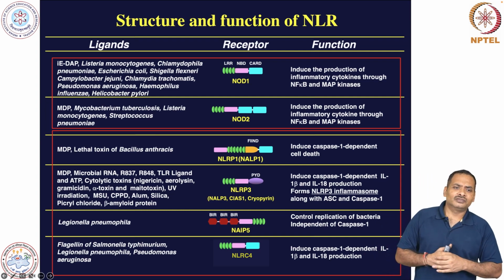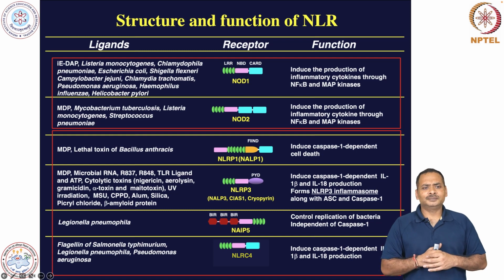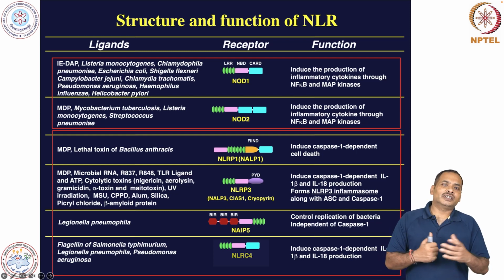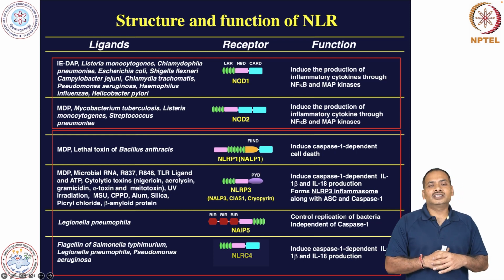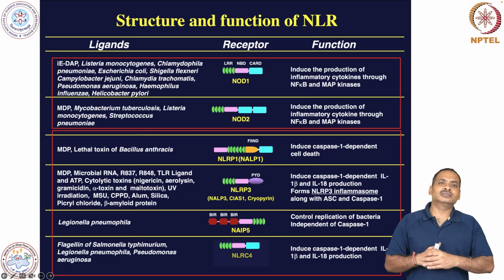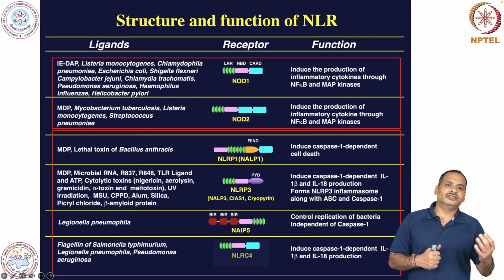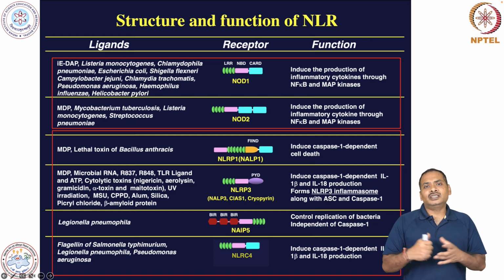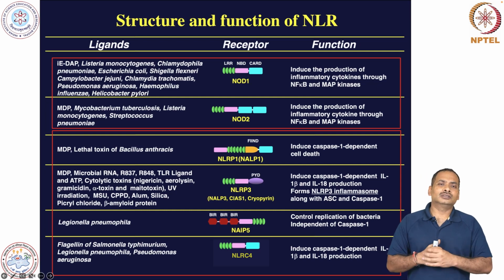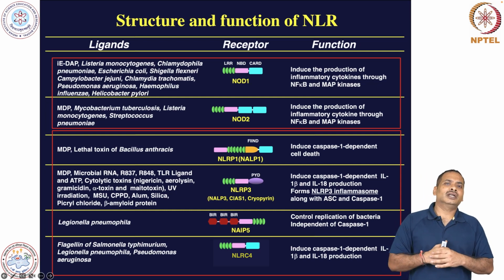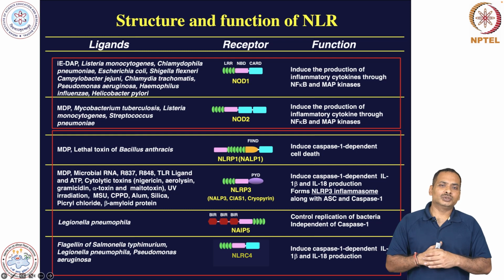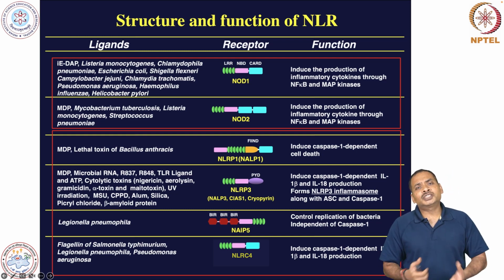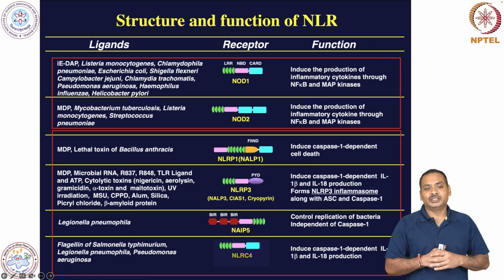I am putting very few, not all. And if I see the literature, they can sense all kinds of ligands, living, non-living, toxins, and so on and so forth. Our own antigens or our own molecules they can sense, and they will induce production of IL-1 family cytokines.